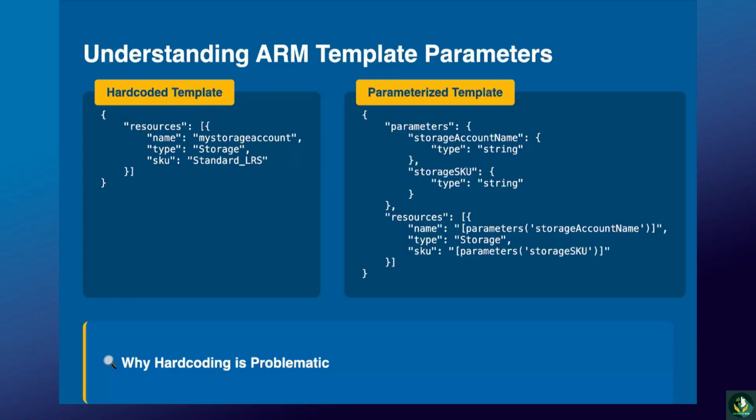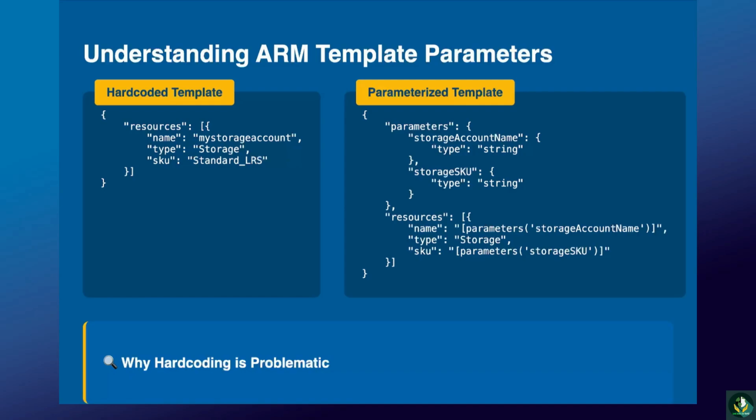To address this, ARM templates support parameters and outputs, which allow you to create more flexible and reusable templates. In this lesson, we'll explore how to use these features to make your templates adaptable to various deployment needs.